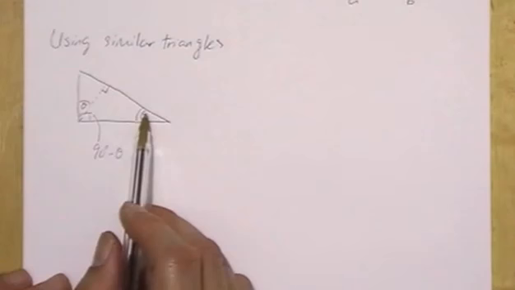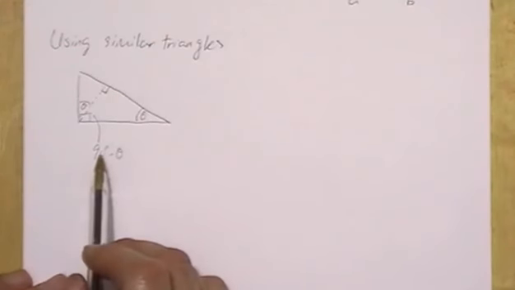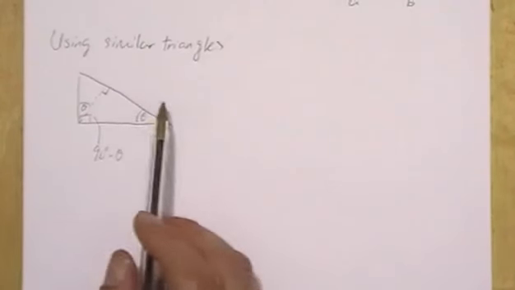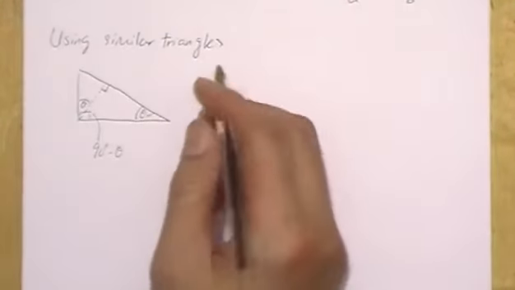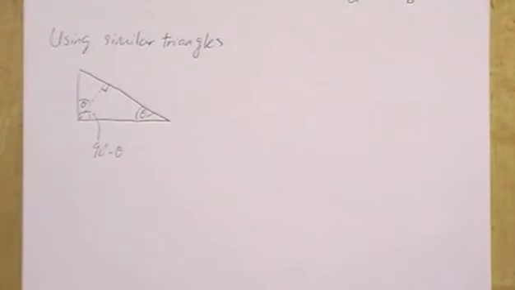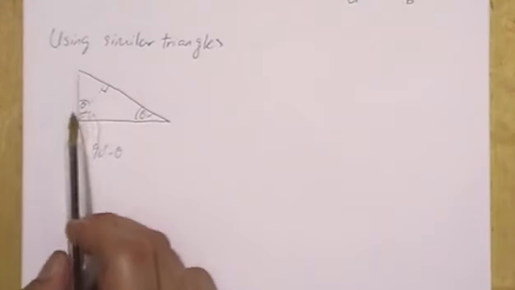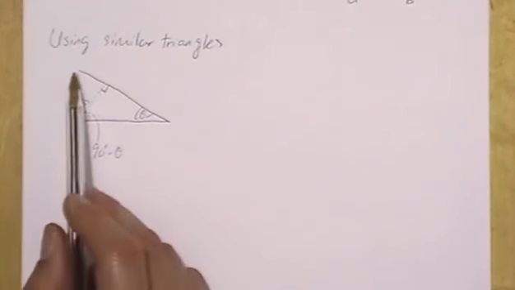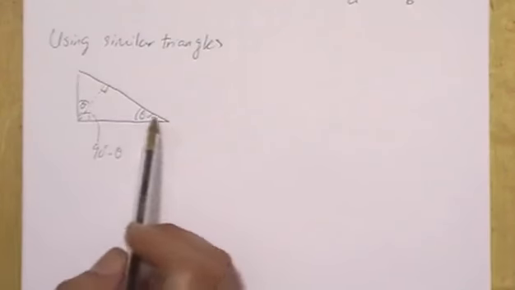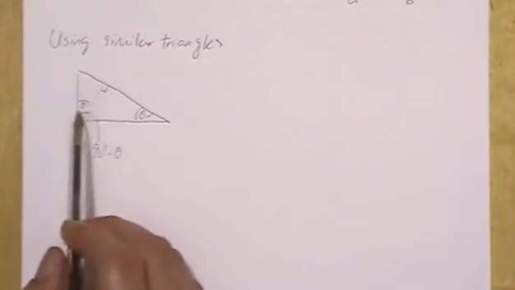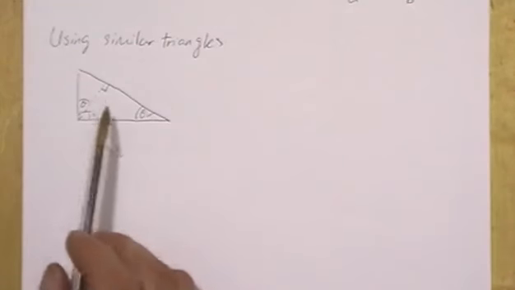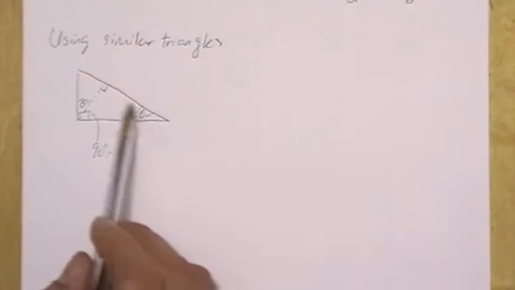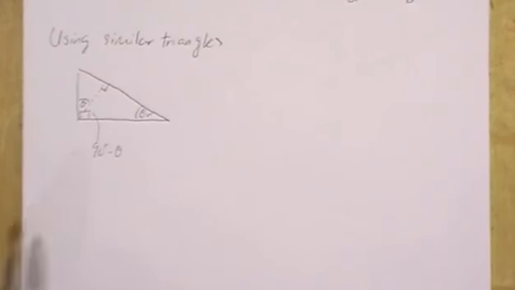If I add those, the theta and the minus theta cancel, and we have 90 plus 90, which is 180. So that's correct. So this is theta. This means that this triangle is similar to this triangle and similar to that triangle, because all the angles are equal for this big triangle, this smaller triangle, and the smallest triangle. So they're all similar.